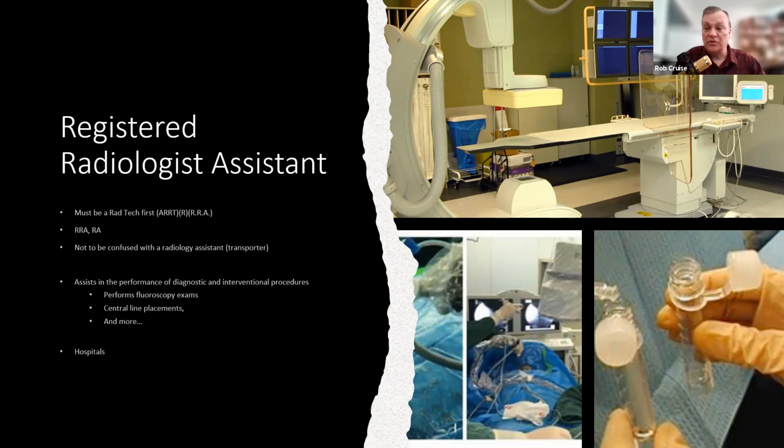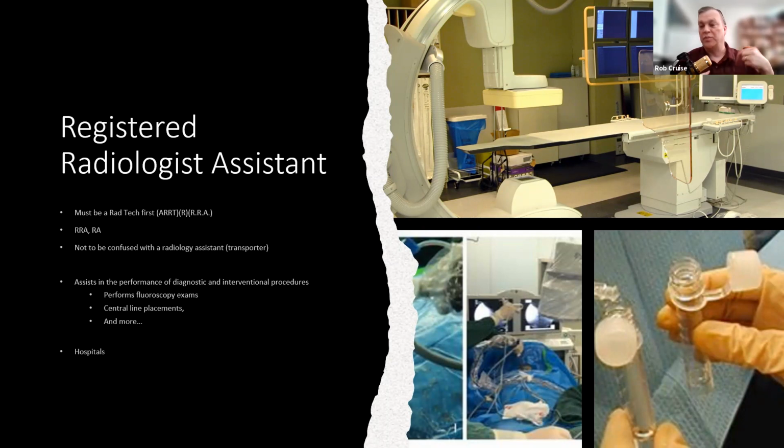All right, so they can do fluoro exams, they can do central line placements. For medication, for people who have a lot of medication to take routinely, instead of trying to find a vein each time, we can put a central line in. So it's centrally located within the body. So it's a central venous access.